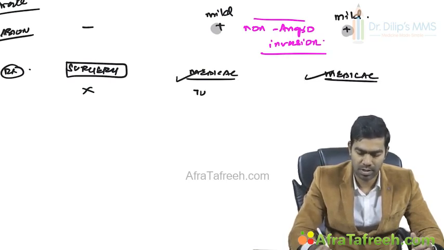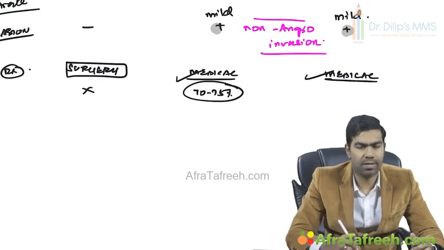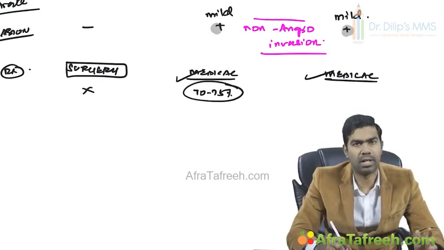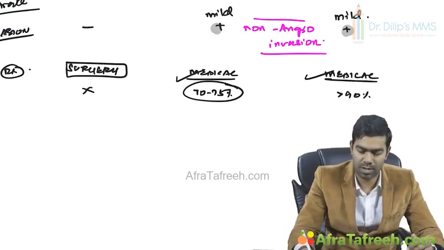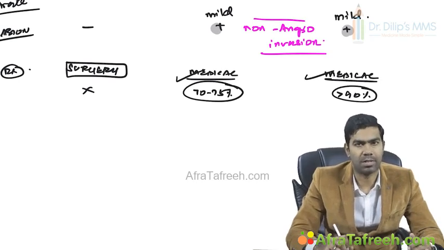The response rate with medical therapy is 70 to 75%. I told you that in simple aspergilloma it's only 25 to 40%. But here it is 70 to 75% responsiveness, and here it is more than 90% responsiveness. Clear? So antifungal agents are the mainstay in CCPA and CNPA, whereas surgery is the mainstay in simple aspergillomas.